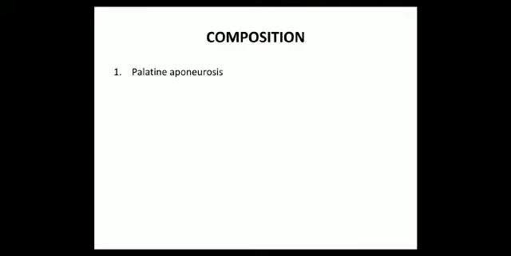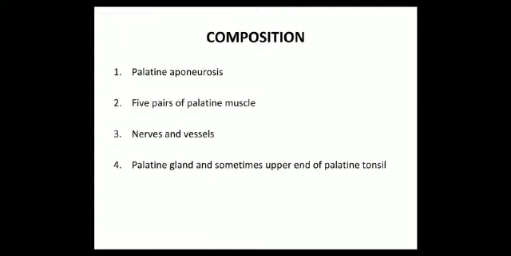The composition of the soft palate includes the palatine aponeurosis, the 5 pairs of palatine muscles, the nerves and the vessels, the palatine glands and sometimes the upper end of the palatine tonsil.